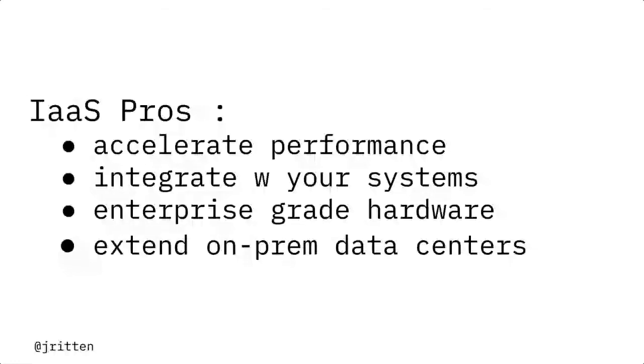You can employ enterprise-grade hardware, so you're able to select from more than bare metal and virtual, including SAP-certified infrastructure. And then you can also extend your on-premises data centers. So you can create, deploy, and manage servers on their own or in a hybrid cloud environment.